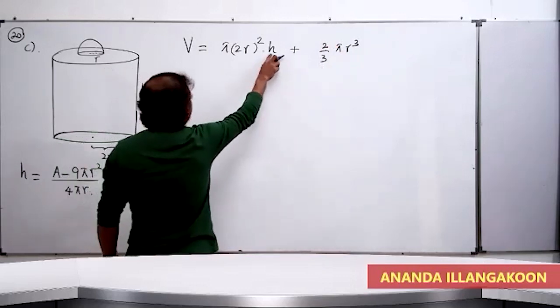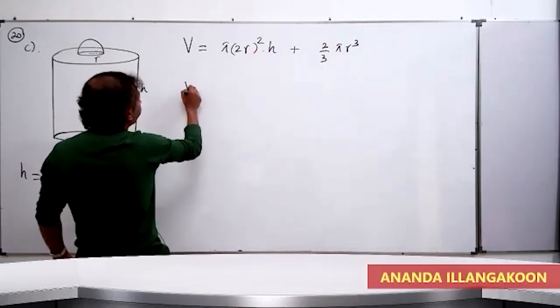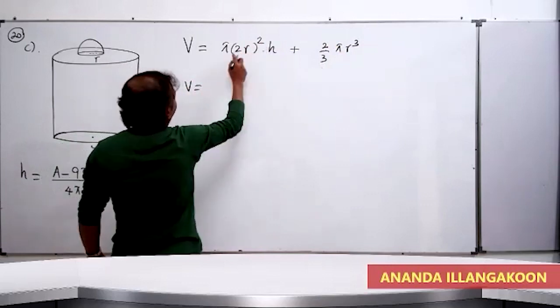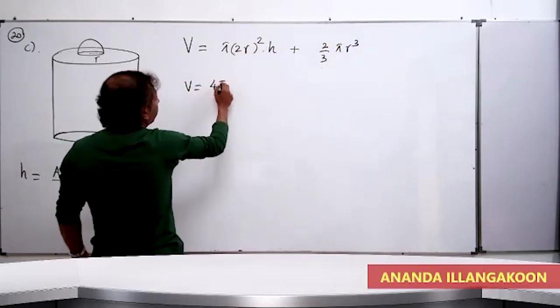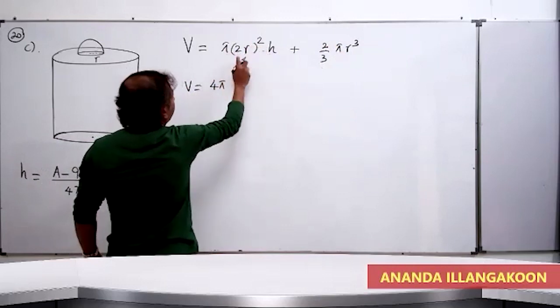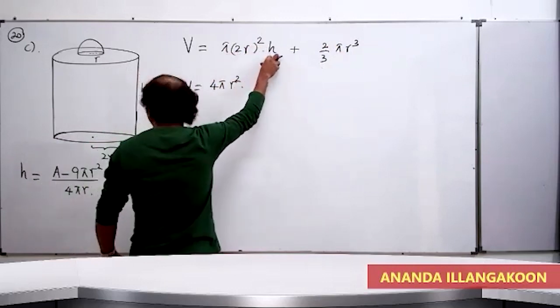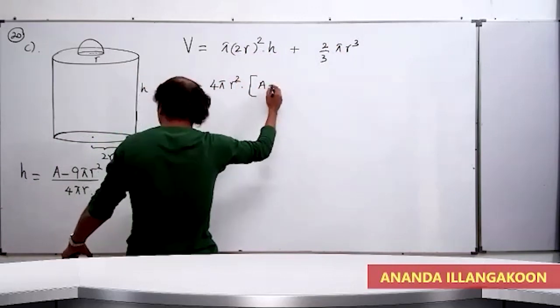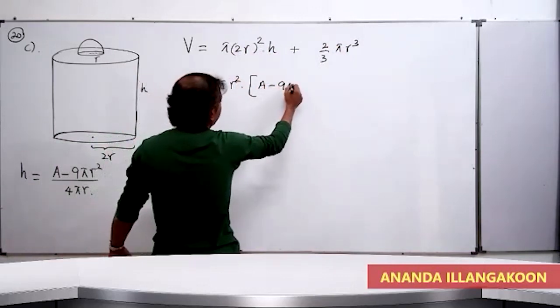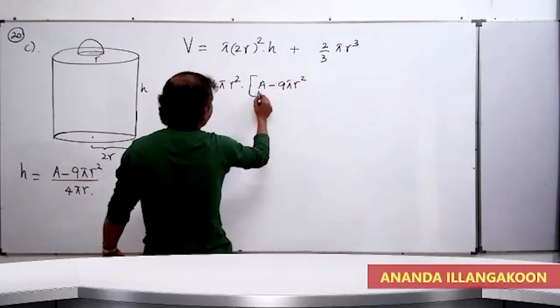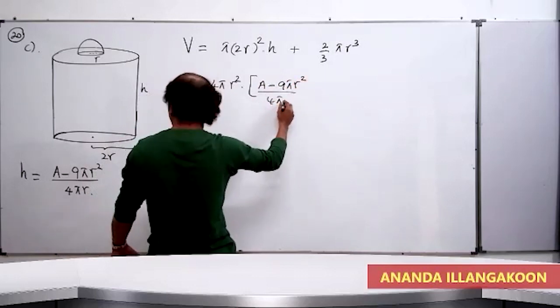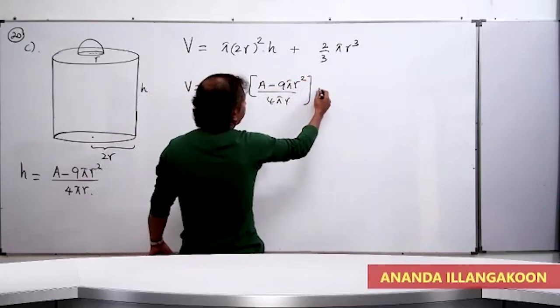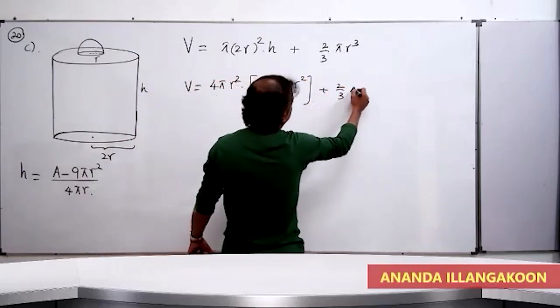Now here for this h we can substitute by this. Here we get pi r squared, for this h I substitute A minus 9 pi r squared divided by 4 pi r, plus 2/3 pi r cube.